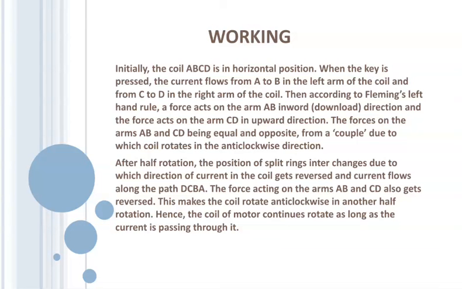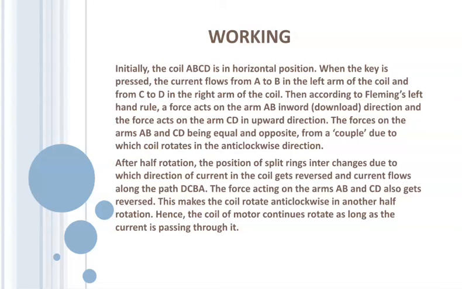Then, according to Fleming's left hand rule, a force acts on the arm AB in downward direction, and the force acts on the arm CD in upward direction. The forces on the arms AB and CD are equal and opposite and form a couple. This couple rotates the rectangular coil ABCD in the anti-clockwise direction.